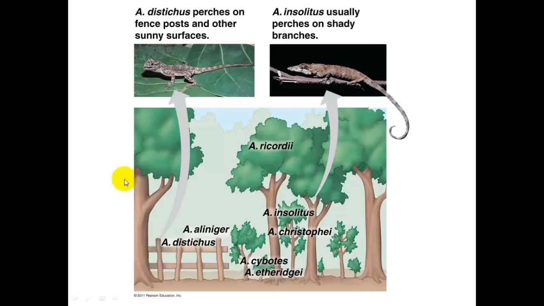So some examples of this are different anole species, or species of lizard. A. distichus here lives on open areas that are exposed to the sun, whereas A. insulatus is on interior shaded areas. So they live in the same area of this forest, but they partition their resources so they don't have the exact same niche.